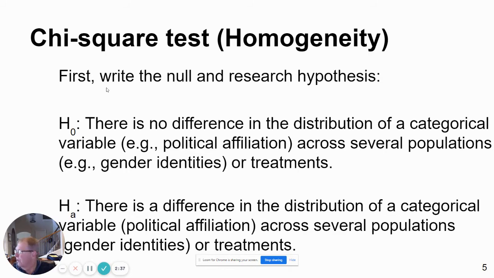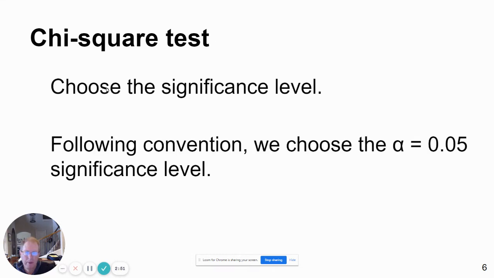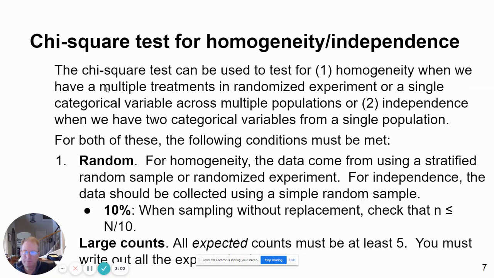And the alternative is there is a difference in the distribution of political affiliation across gender identities. That's the null and alternative hypothesis for the chi-square test of homogeneity. Then we have to choose our significance level. If the problem doesn't give us a significance level, we're going to choose alpha equals 0.05 by default.